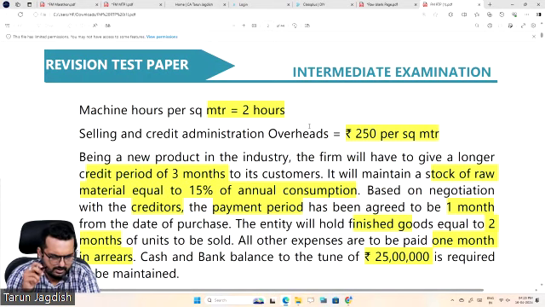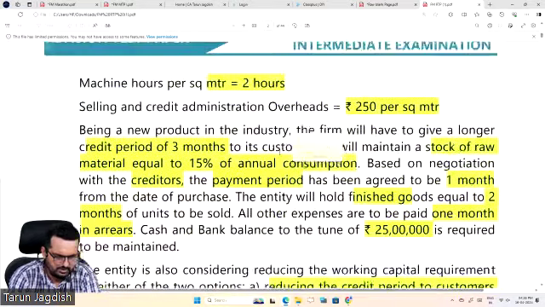Then selling and administration overhead. So you can put it as selling overhead. How much is the selling overhead they have told over here? 250 rupees per square meter.